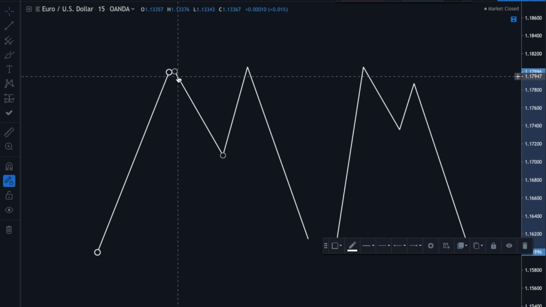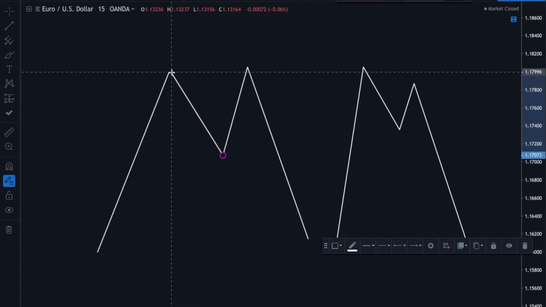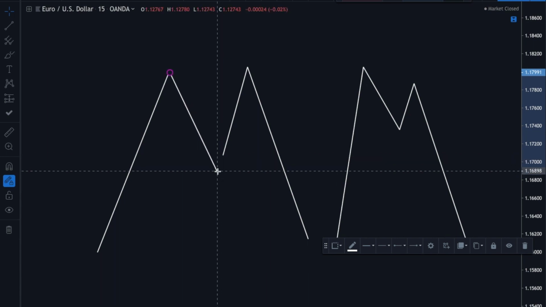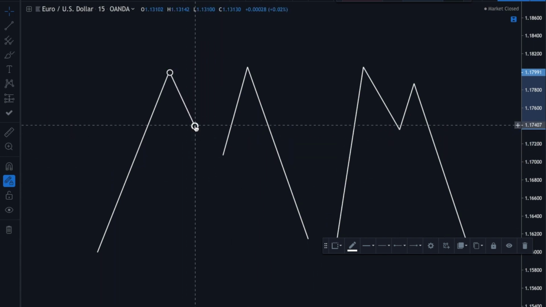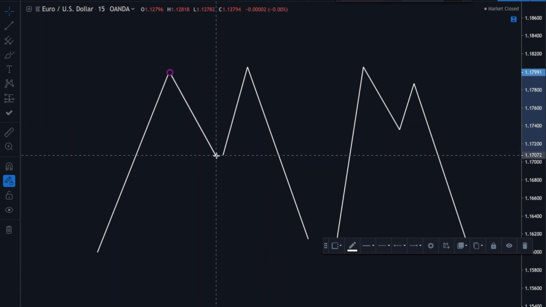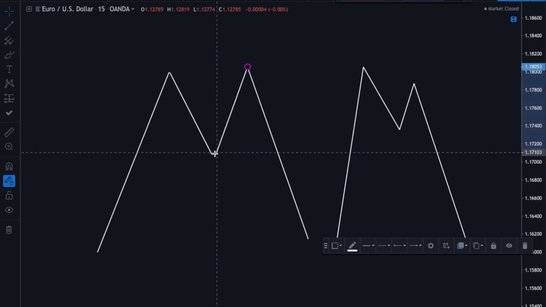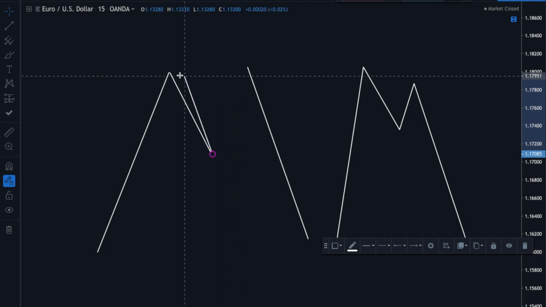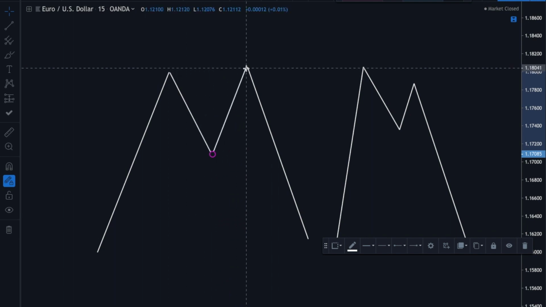Now, once they have a decent amount of traders going long, you're going to have some traders that ultimately go short. What happens here is they go back up to retest this high. This does two things.